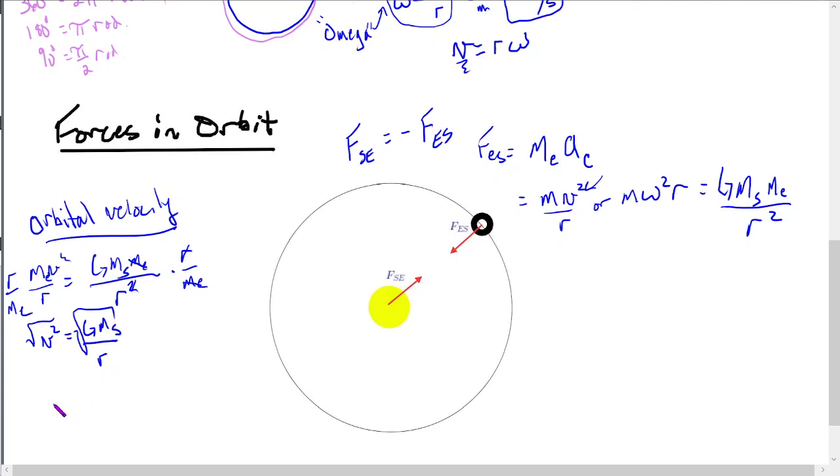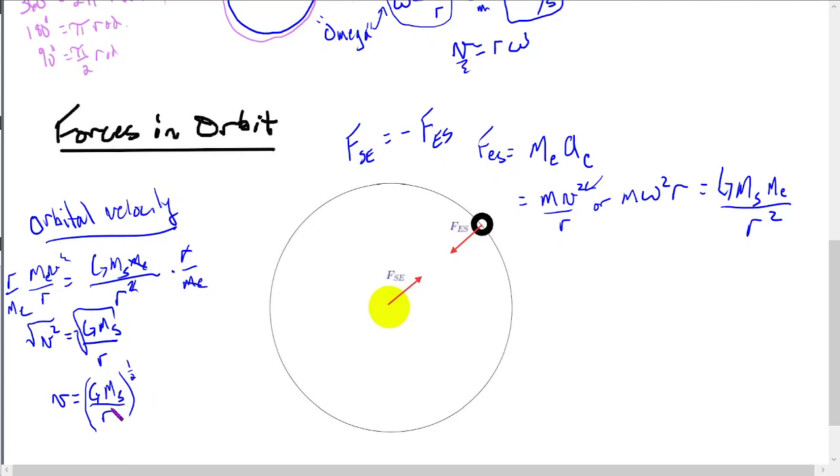And we wind up with the velocity of any object, because our mass of the Earth disappeared, so it doesn't matter what the object is. It could be a satellite traveling around the sun. It could be another planet. v is equal to G times the mass of the sun over r, and this whole thing square rooted, or to the 1/2 power.